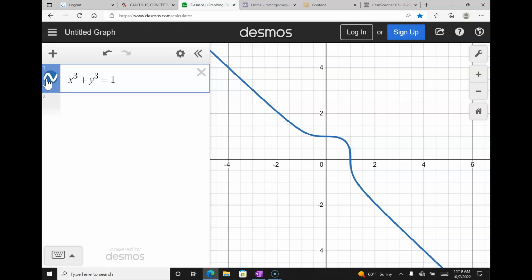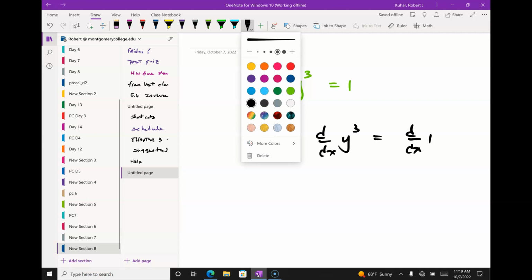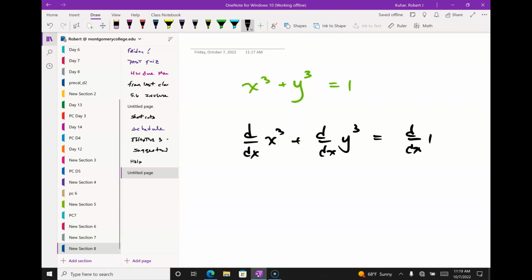Yeah. So first derivative, right? And we're saying, okay, d dx of x cubed plus d dx of y cubed equals d dx of 1. So the first piece and the last piece are easy. This is 3x squared, right?